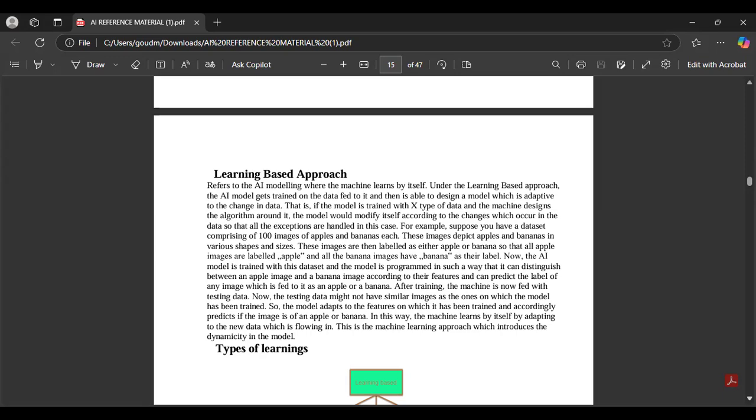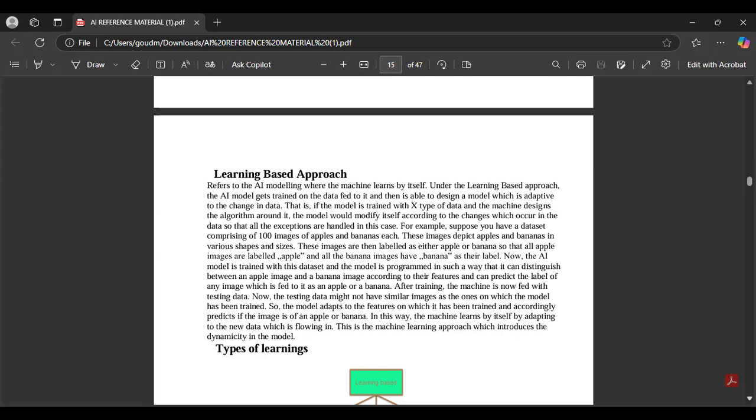So I had trained the model with 100 images of apples and bananas, right? This is my training data, children. Now when I'm testing, I'm not using the same apple images. I'm not using the same banana images. I'm using different apple and banana images, but they were labeled as apple and banana. But still it can accept and say that this is a banana and this is an apple.